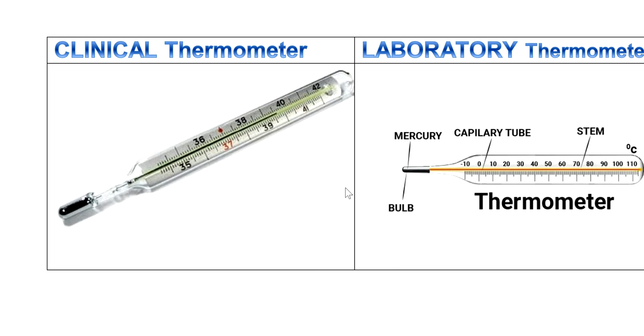So at the end, from this picture I want to tell you that the clinical thermometer has a small range and is more sensitive, whereas the laboratory thermometer has a wide range and is less sensitive.